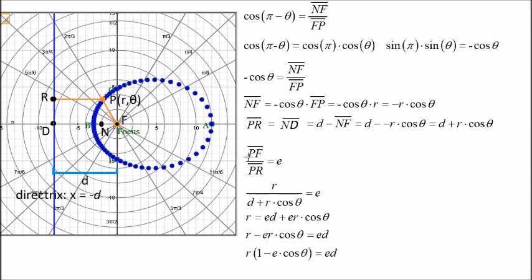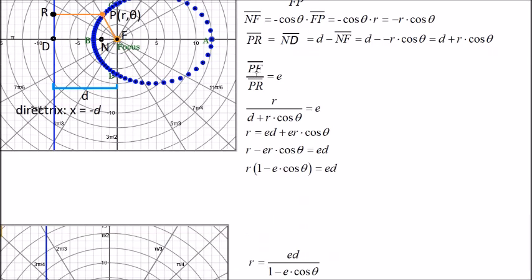Earlier we had PF divided by PR is E. PF, that's the length of the segment from P to F, which is R. PR is D plus R cosine of theta. Multiply both sides by D plus R cosine of theta.